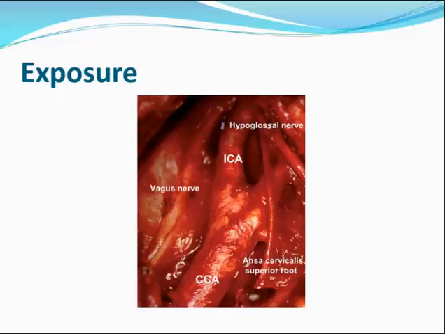As we can see, this is the common carotid, and the internal carotid, which is bigger in diameter than the external right here. The hypoglossal nerve is passing by. Ansa cervicalis is coming down right here. That's the superior root. And the vagus nerve is right there. So the surgeon is working very close to some very important structures.